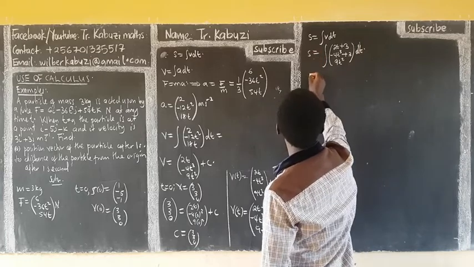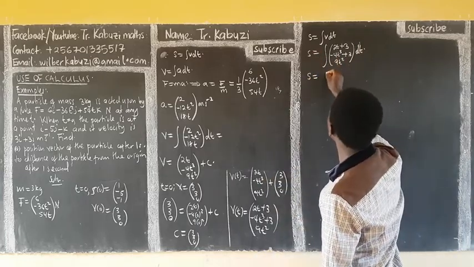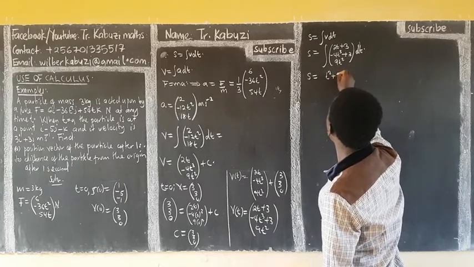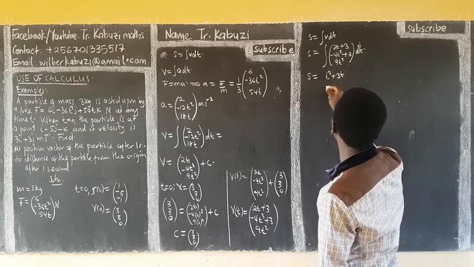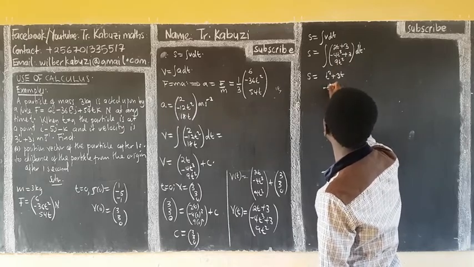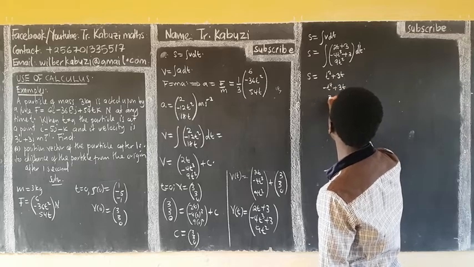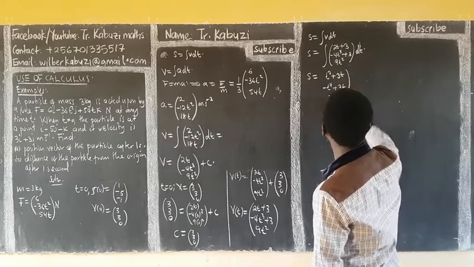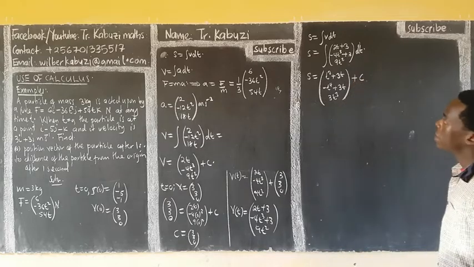When we integrate this, we shall get t squared plus 3t, then negative t to the power 4 plus 3t, then 3t cubed, after integrating, of course, plus a constant of integration.